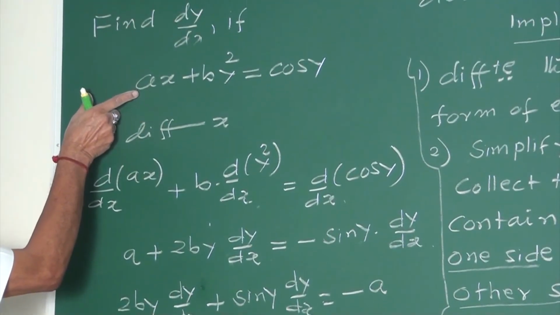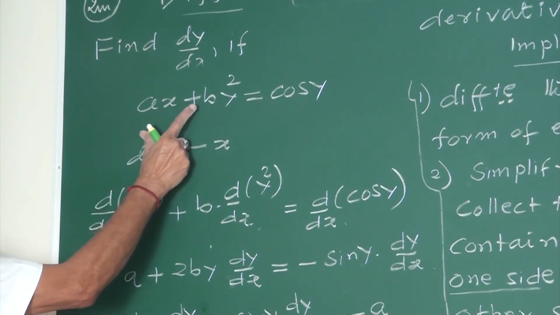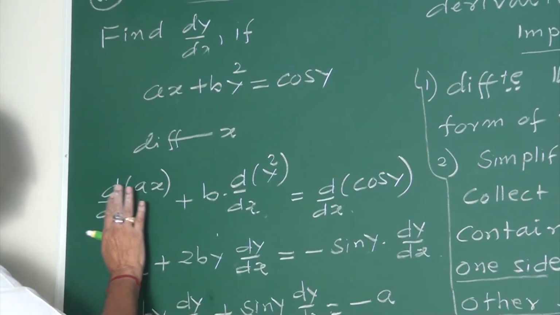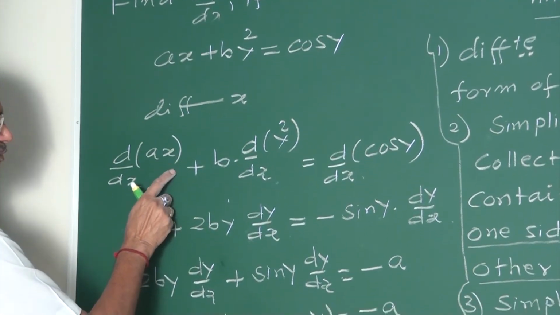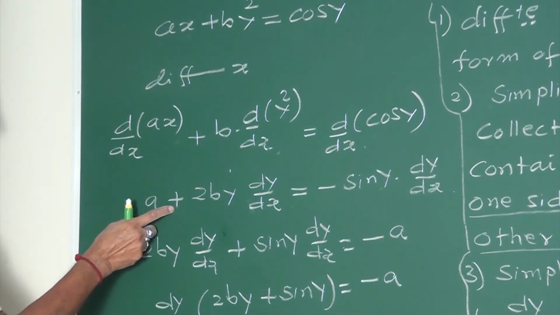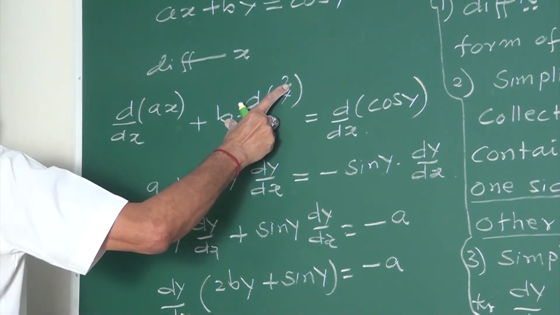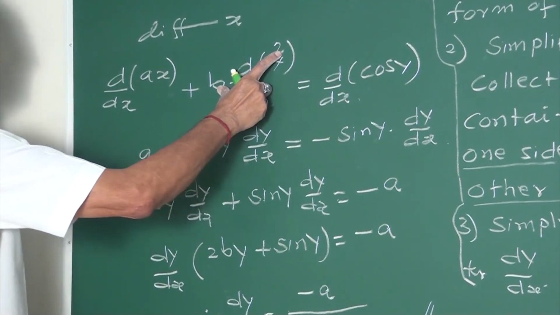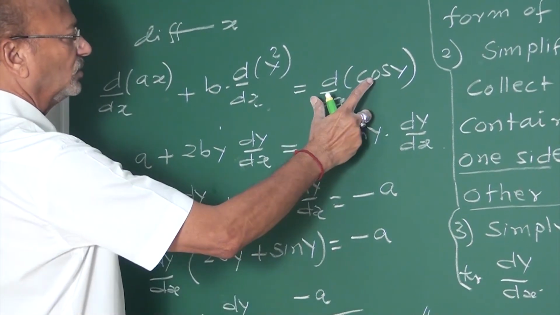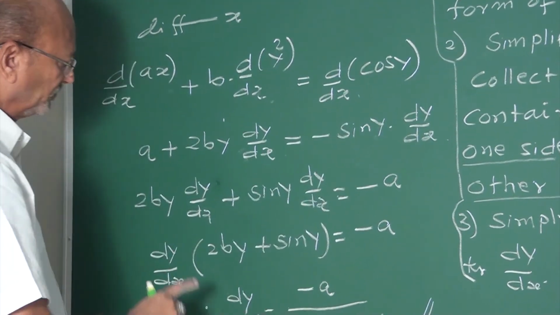Listen, dy by dx in this case. First, differentiate: derivative of first plus derivative of second equals derivative of RHS. It is for the safer side. Write this step. Kx is k, ax is a, plus power into constant, 2by into dy by dx equals the derivative of cos, which is minus sin y into dy by dx.